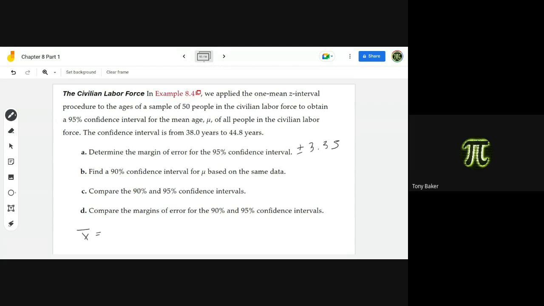What did I say it was? 41.4. And then my standard deviation was 1.71. All right, so do the same thing, you're doing it for 90% this time.